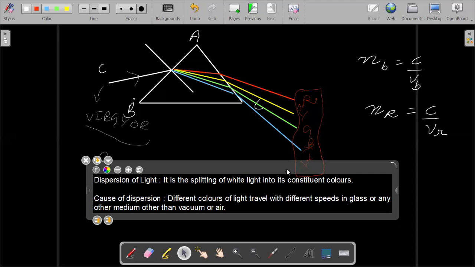Got it? Any doubts here for dispersion of light? Anyone who has not understood how the dispersion occurs?